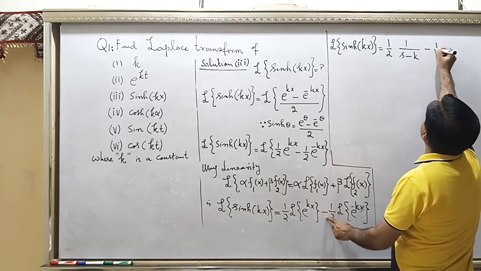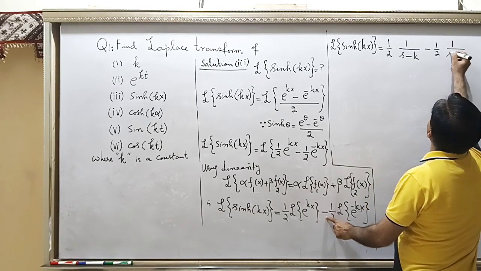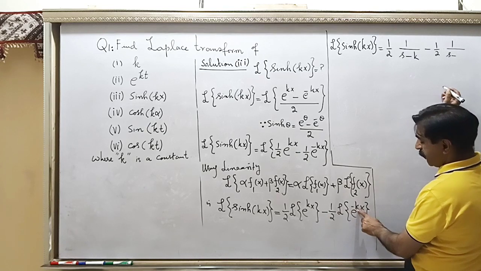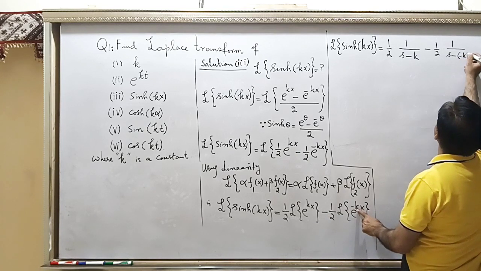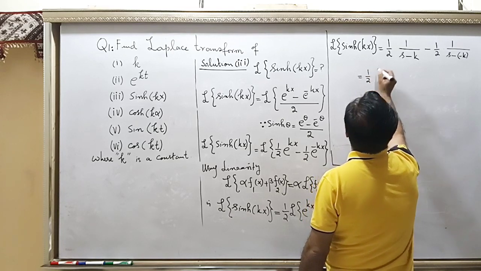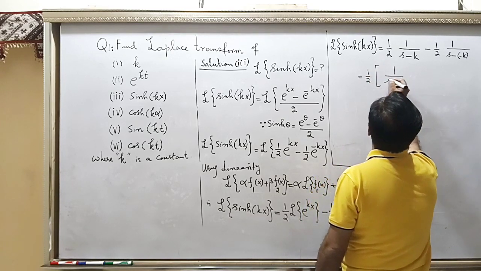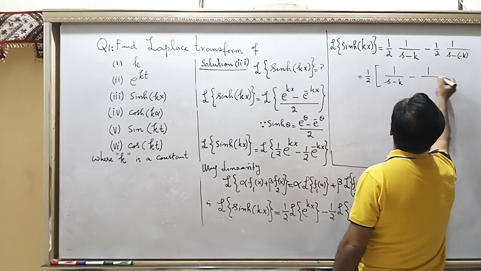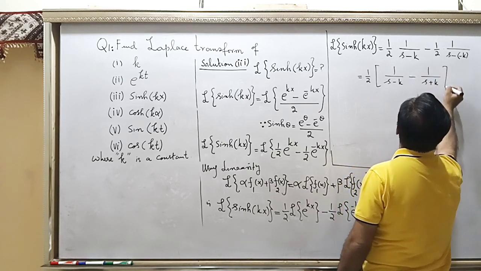Minus 1 over 2, 1 over s minus, you have minus k, so this is s plus k. And you have 1 by 2 common, and 1 over s minus k minus 1 over s plus k.